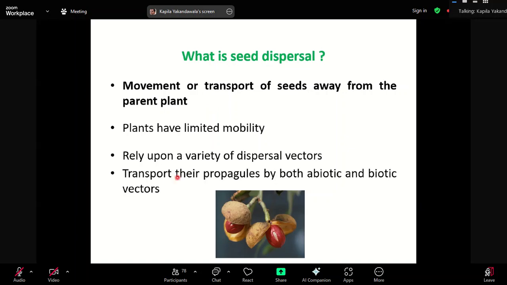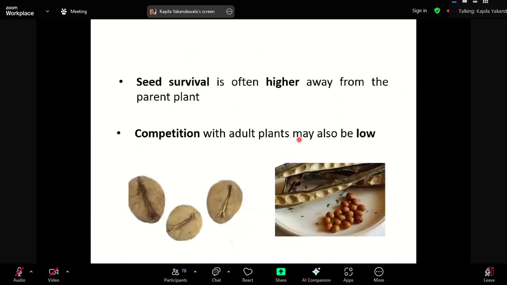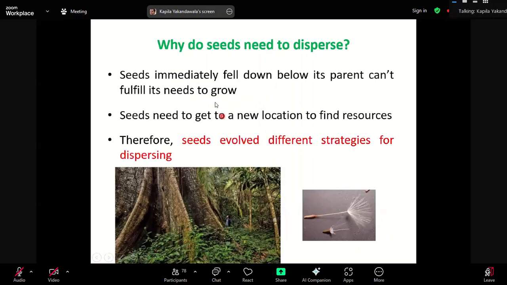So transporting propagules is very important, and it can happen through biological or abiological vectors. So usually seed survival is higher away from the parent plant because there could be competition with the mother plant. So usually seeds have different mechanisms to move away from the mother plant.